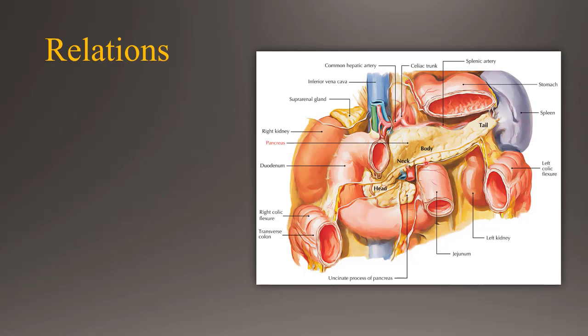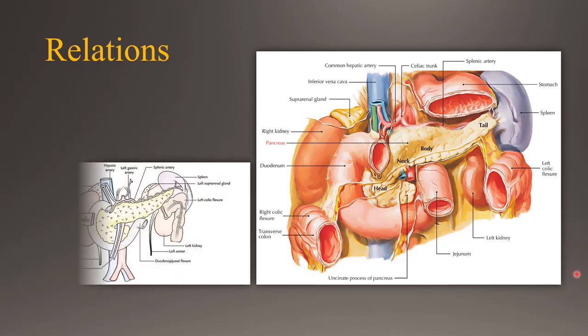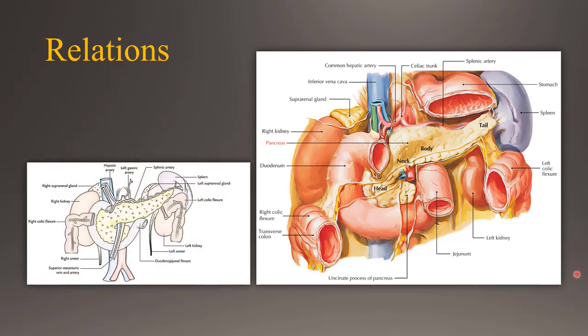This is the line of attachment for the transverse mesocolon. Colon has been cut here. This is line of attachment for mesentery. These are superior mesenteric vessels. These are shown in ray diagram.